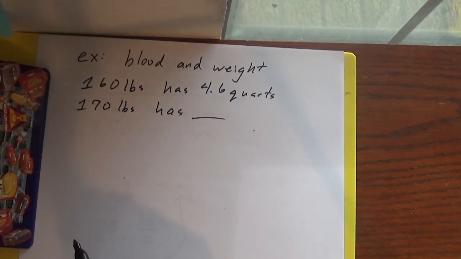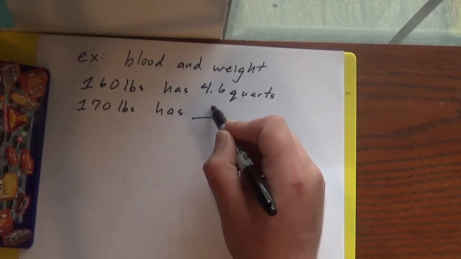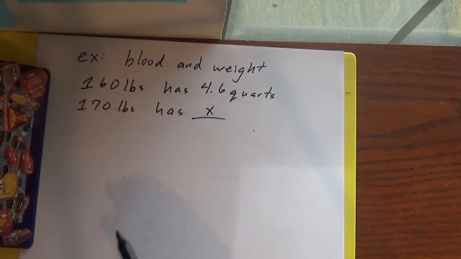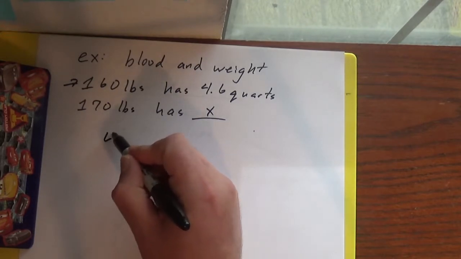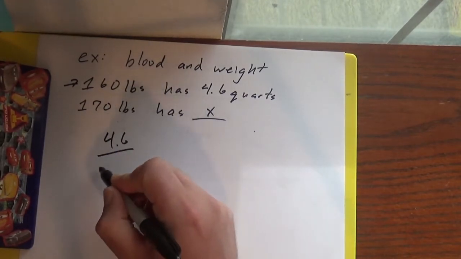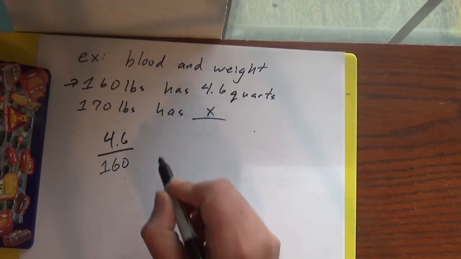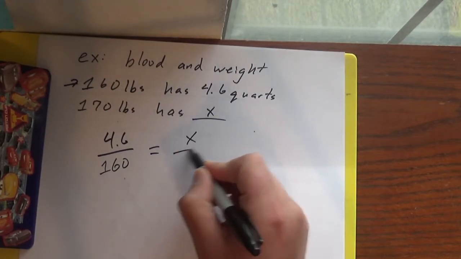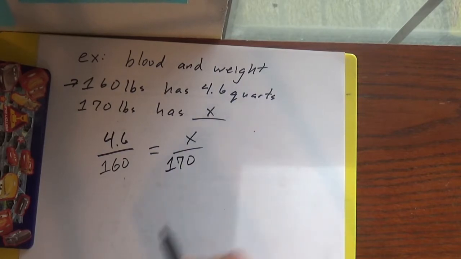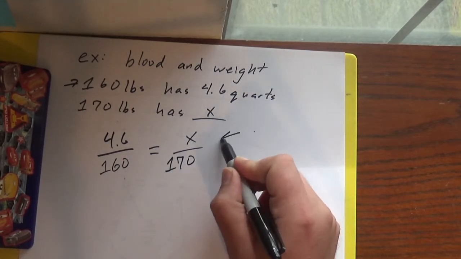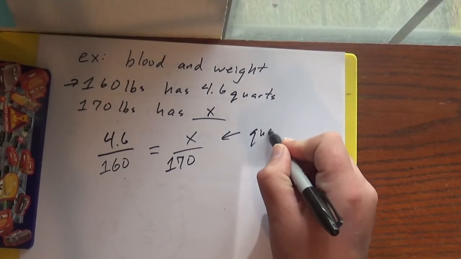So if we put the thing we don't know on top, it makes our life easier. This is going to be my variable. So I'm going to take this part and make a fraction. So 4.6 over 160, x over 170. Alright, so I put quarts on top.